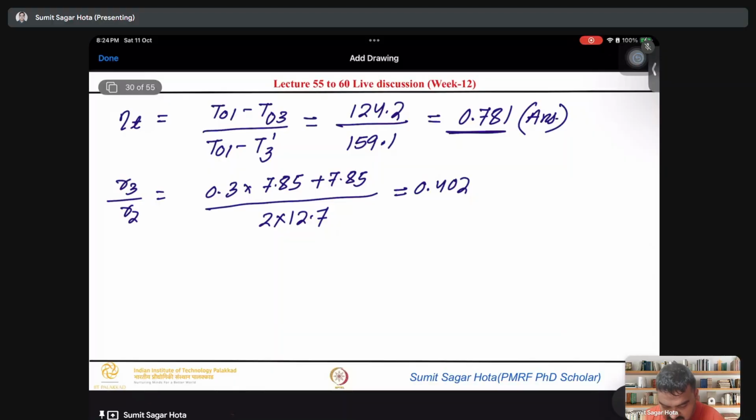So now let's substitute in the formula of eta t.